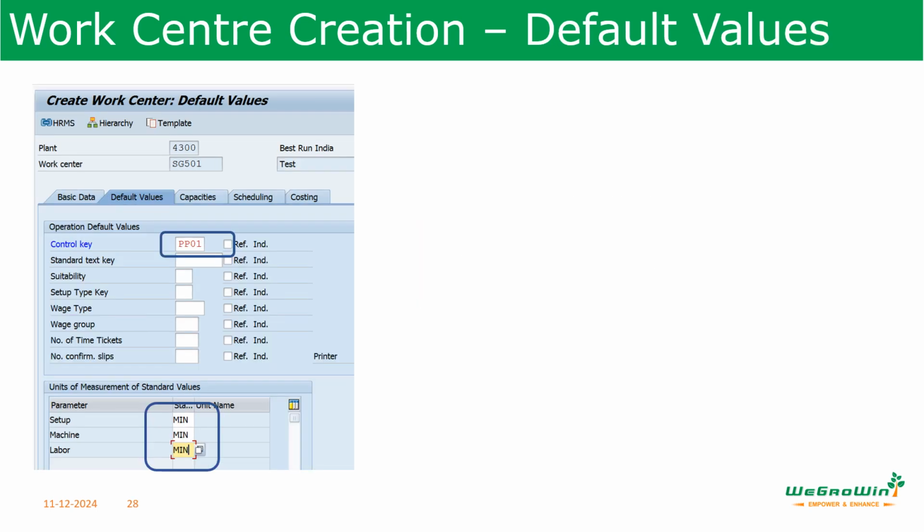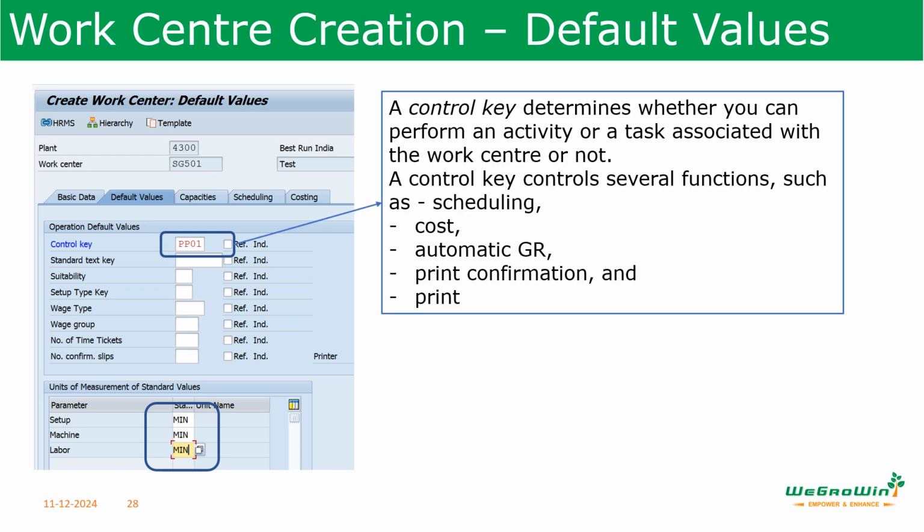And then we have the next view, which is the default values. In default values, we have the control key, standard text key, those kind of details. Now the control key determines whether we have to perform an activity or task associated with the work center and how we are going to perform it.